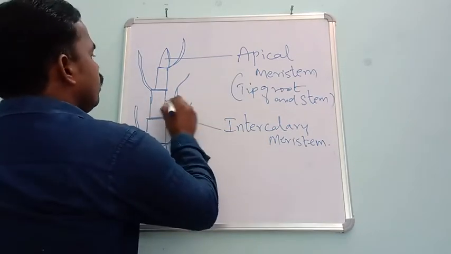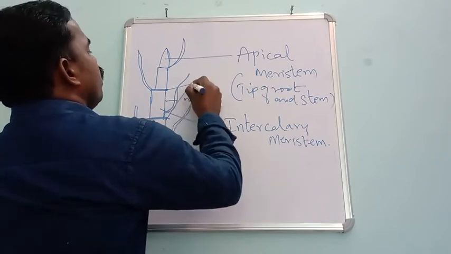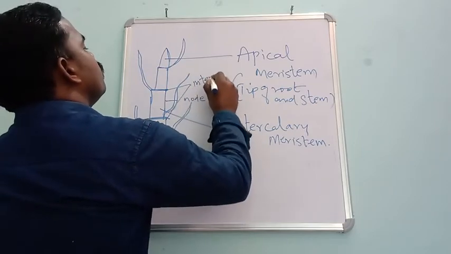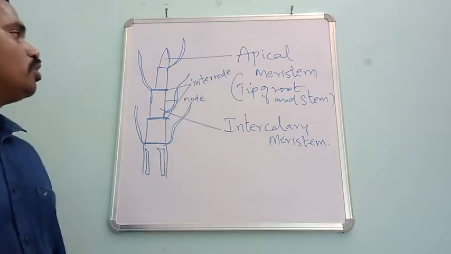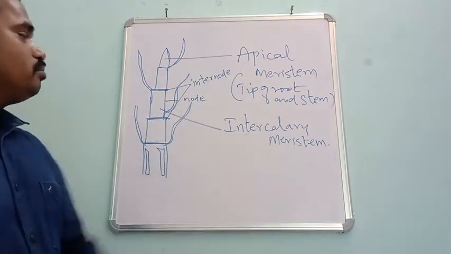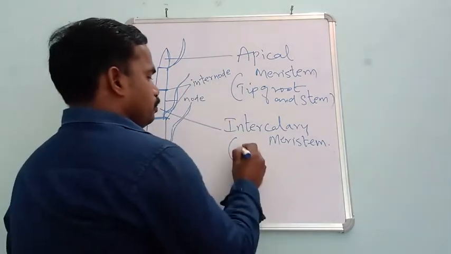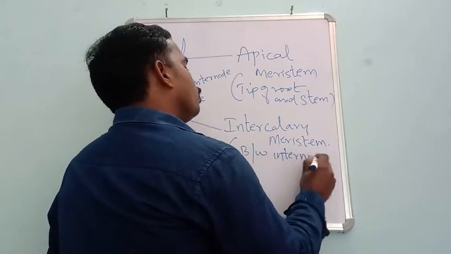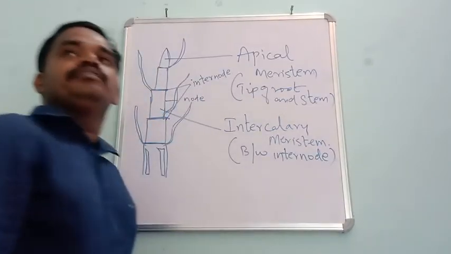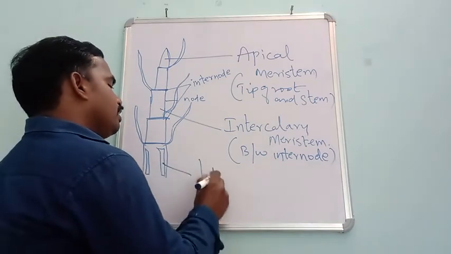So if we call this a node, this will be the internode. So intercalary meristems are identified in between the internodes. Got it? Fine. So next one is the lateral meristem.